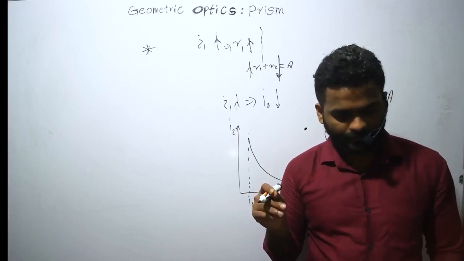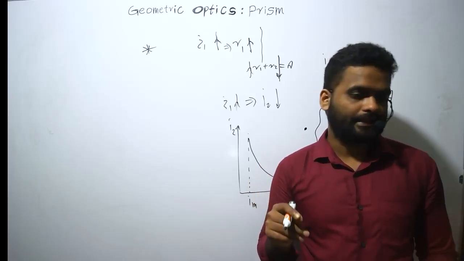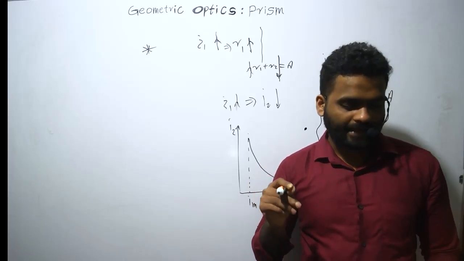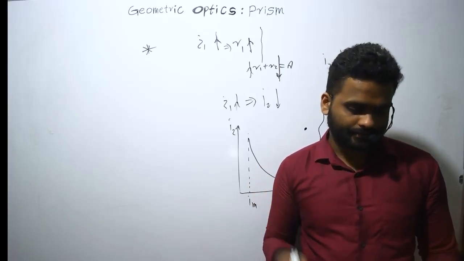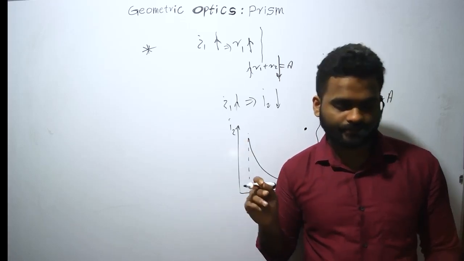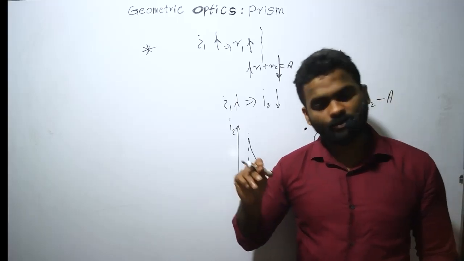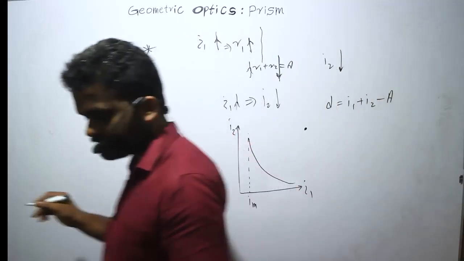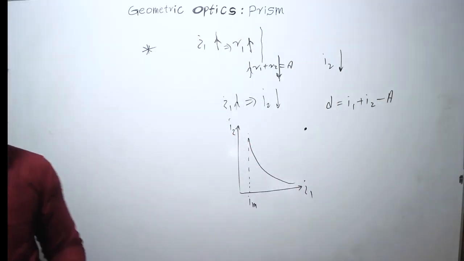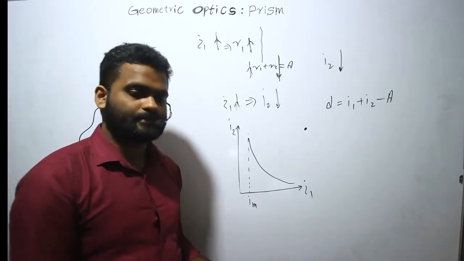Then I2 decreases at a lower rate when I1 increases.